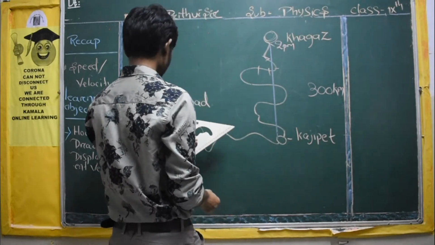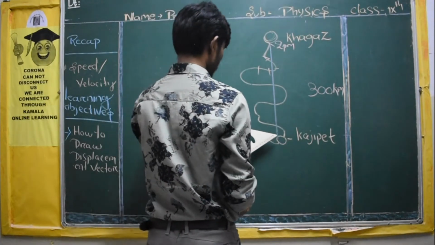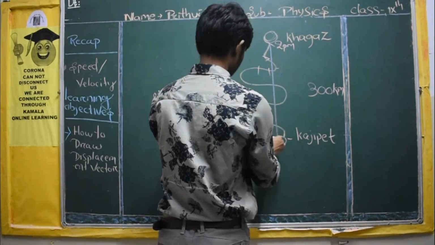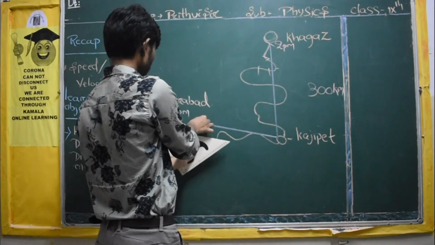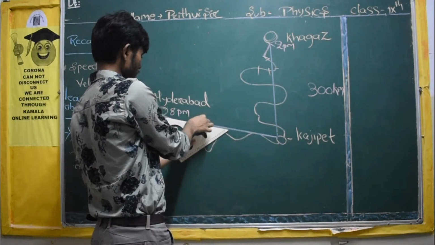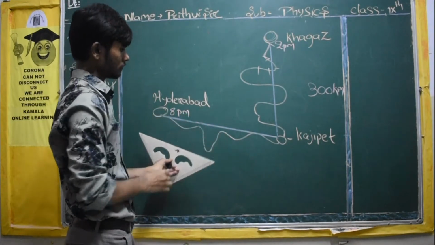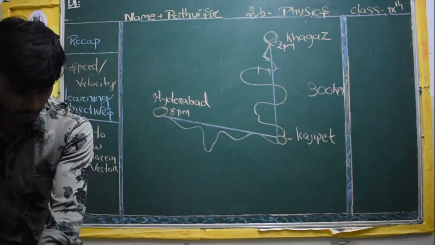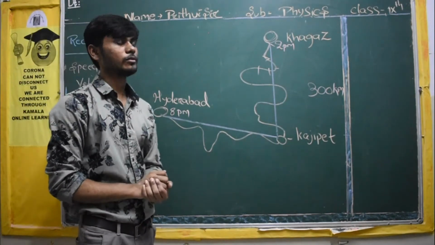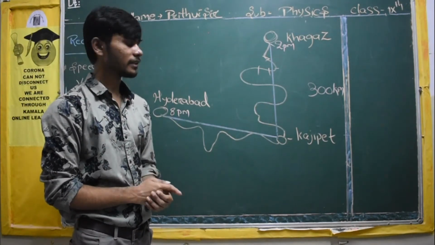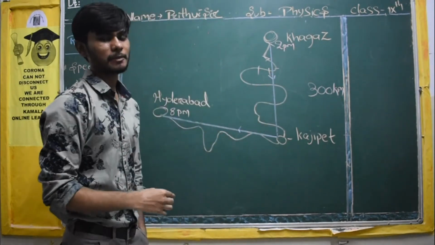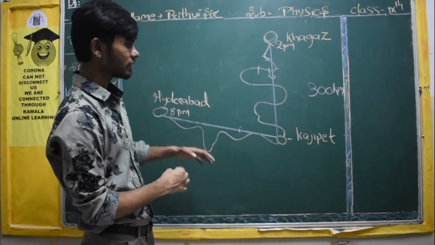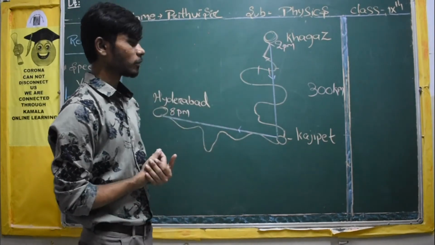As you can see, this is our displacement vector. It is practically not possible, but according to our physics, this is the shortest possible path.